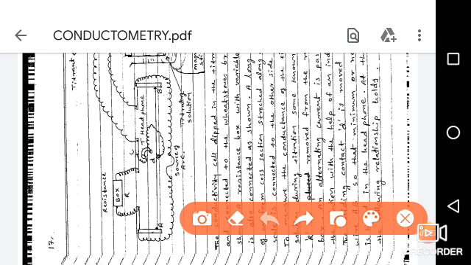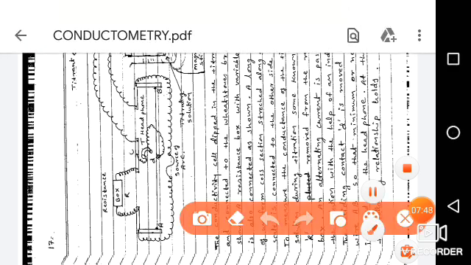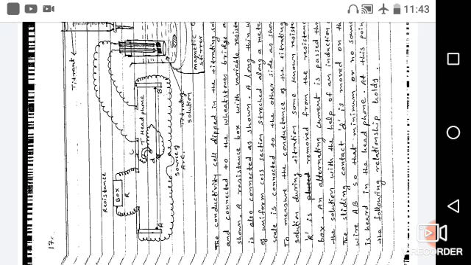See how the conductivity cell is dipped in the titration. Here is the conductivity cell, which is dipped in the titrating solution and connected to the Wheatstone bridge as shown.